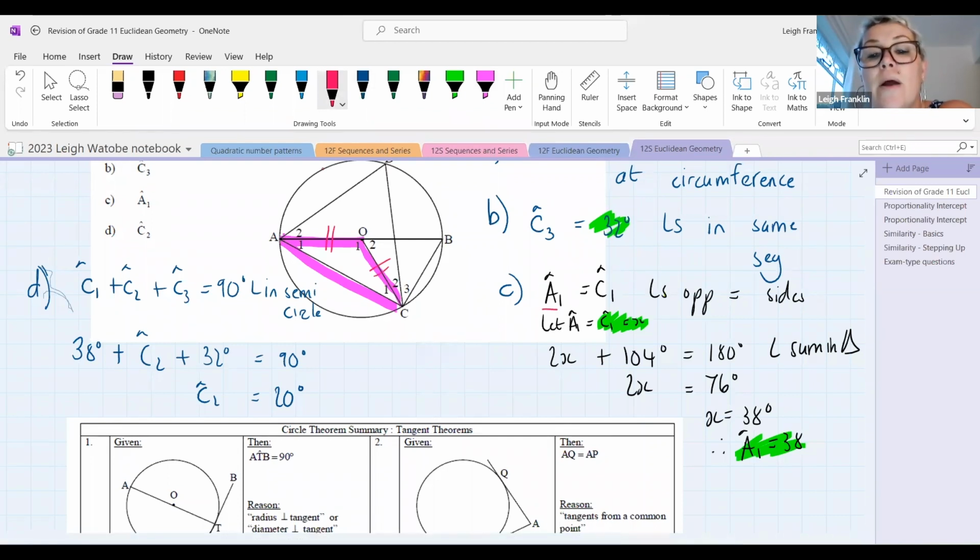That's why A1 and C1 are equal to one another, because they're angles opposite equal sides. So I can call both these angles x. Now when I add all the angles together, I get 180. So x plus x plus 104, which is 2x plus 104, equals 180 because of the angles of a triangle. And then I solve for A1. Okay, Ethan? I've just explained it again.